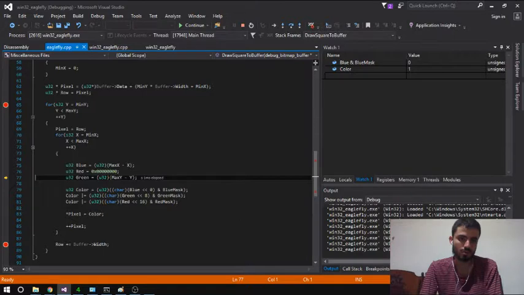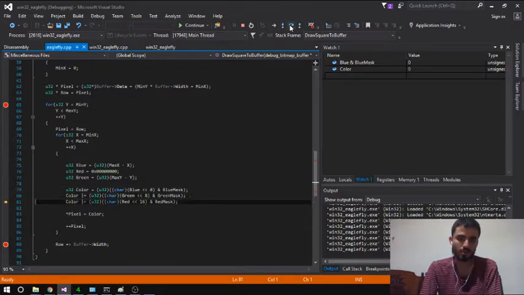I say, you know, I'm on Y 257, and max Y 512. So the green value is 255, which is now some value.